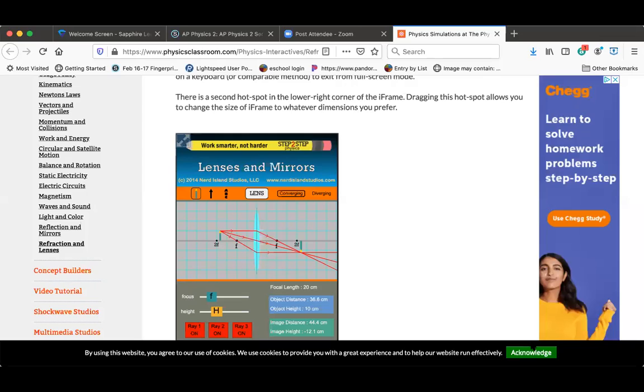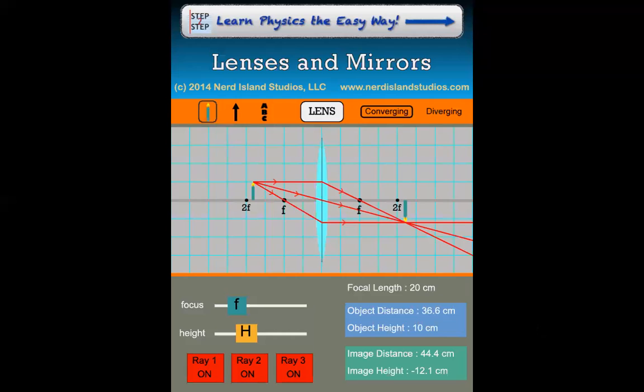Is that it? Now you can see the, whoops. Why has the sharing stopped? That's not what I want to happen. Share. There we go. Right? We good? Yeah, I can see it.